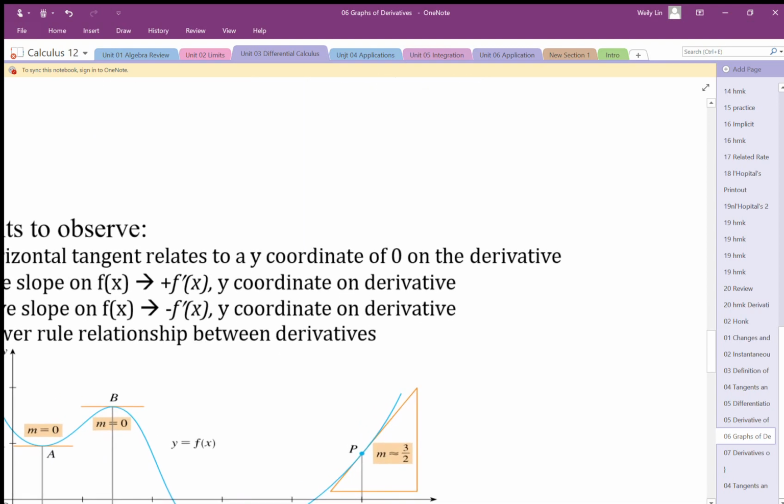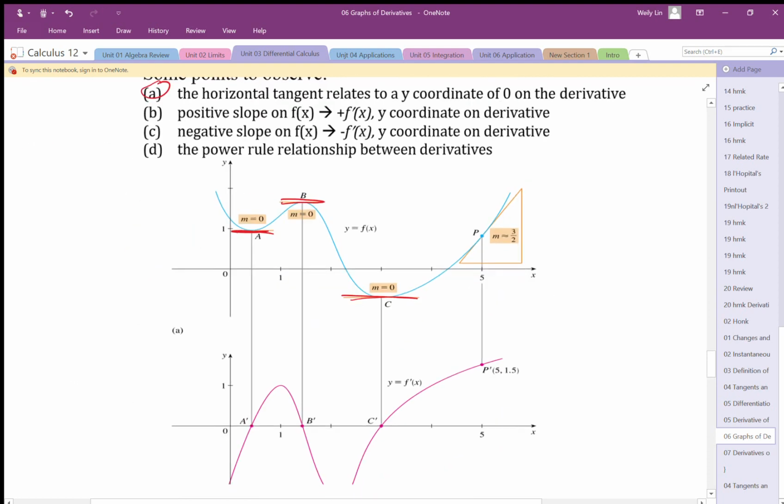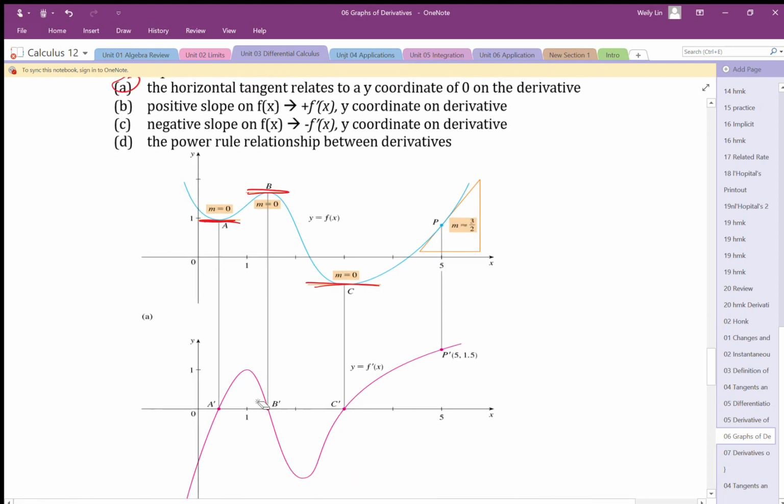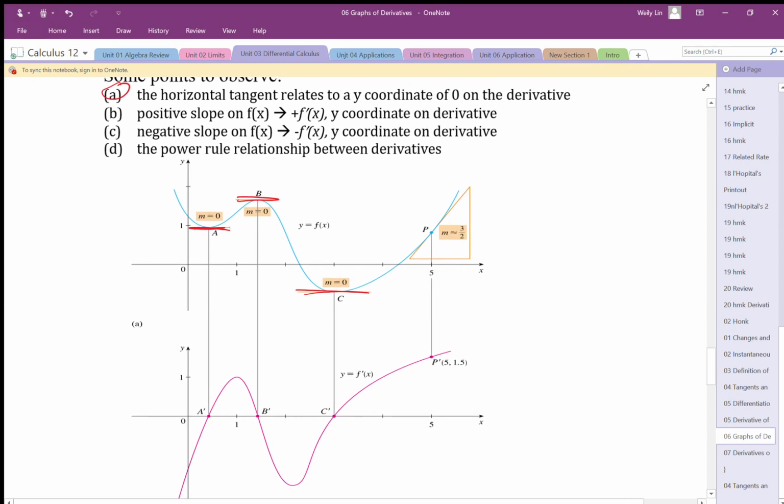So again, some points to observe, the three main points. First, horizontal tangents, which I'm going to mark in red here. Where we have horizontal tangents, there and there, we relate to 0 points on our derivative graph. Where we have positive slope and negative slope, we want to relate to that. Positive slope is above the x-axis, and negative slope is underneath the x-axis.